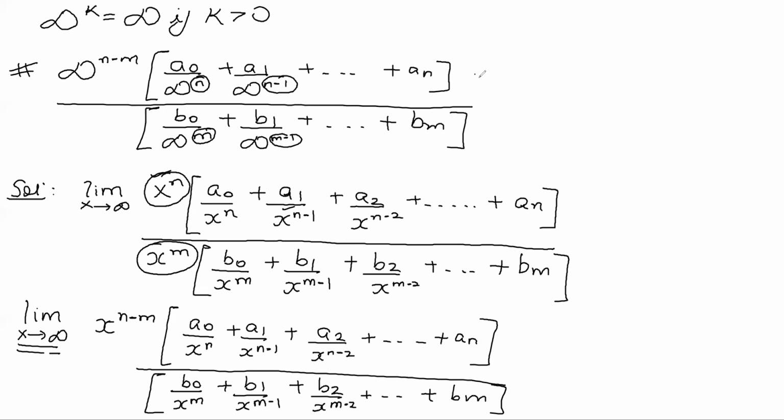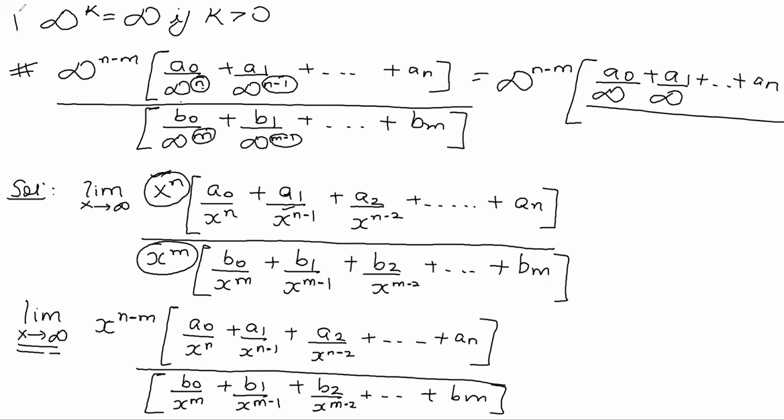That means I can write it like this: infinity to the power n minus m into a0 upon infinity to the power n is infinity. This will also be infinity, and I can stretch it up till an. What am I using? I am using the rule on the top. Infinity to the power k is infinity. Similarly, guys, in the denominator, infinity to the power m, infinity, infinity to the power m minus 1, infinity, and so on till bm.